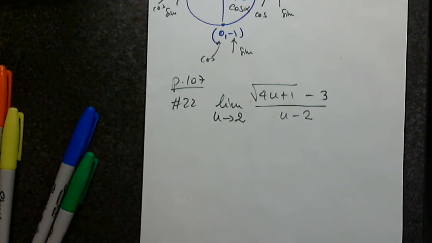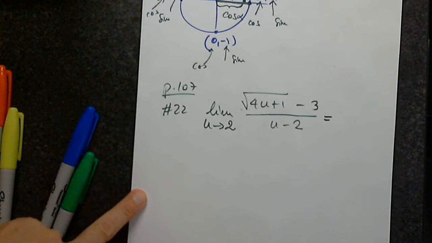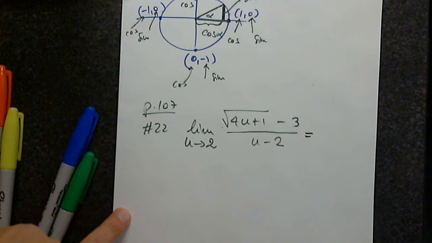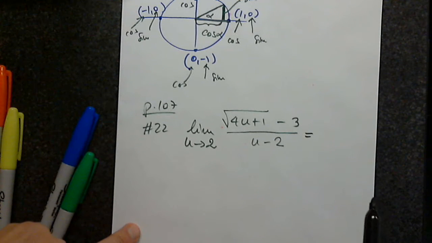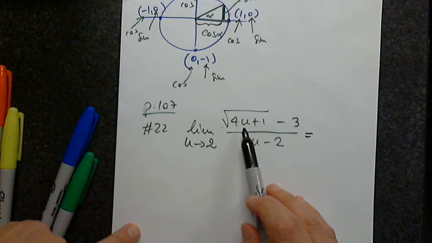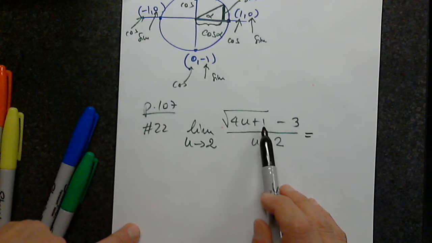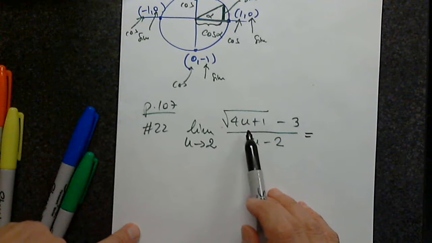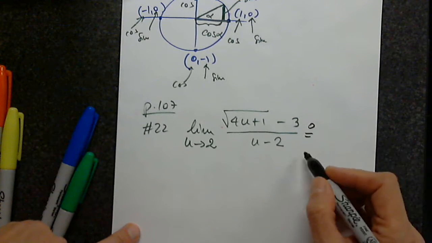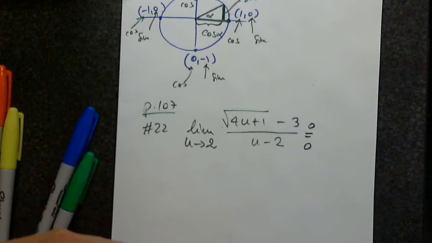I have to plug it in. Yes, of course. Good. If I say something silly, I'm just hoping it will trigger your memory. It's not mathematical. So I plug it in. 4 times 2 plus 1, square root of 9, 3 minus 3, and the denominator. Good.